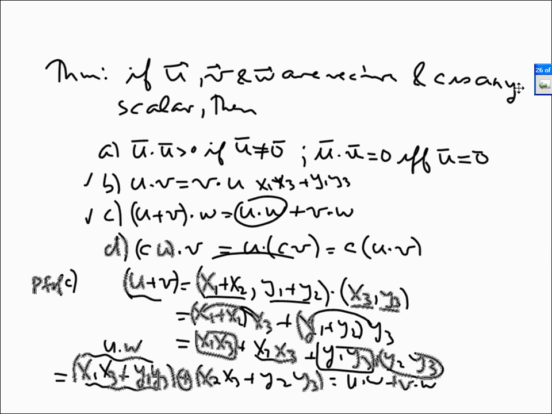I only wrote u plus v because I initially only wanted to compute u plus v. But it's really u plus v dot w. This is u plus v, and I am dotting it with w. And I ended up with u dot w plus v dot w.